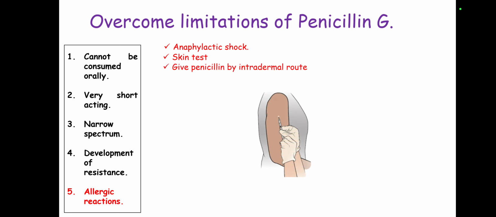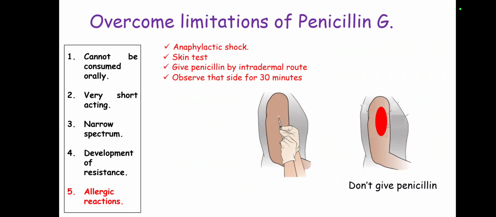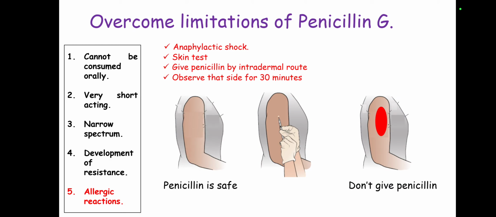That means we will inject a very small dose of penicillin by intradermal route, and we will observe that site for half an hour, that is 30 minutes. If there is any reaction in that place, it means that person is sensitive to penicillins, so we will not give penicillin. If there is no reaction, we can give penicillins.